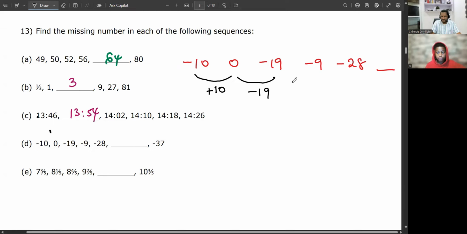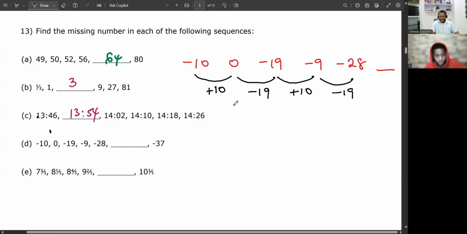The next number is going down by what? 9, so plus 10, right? Next is going down by what? 19. It's going down by minus 19, right?